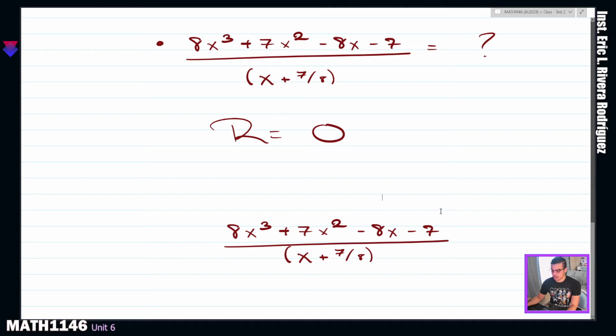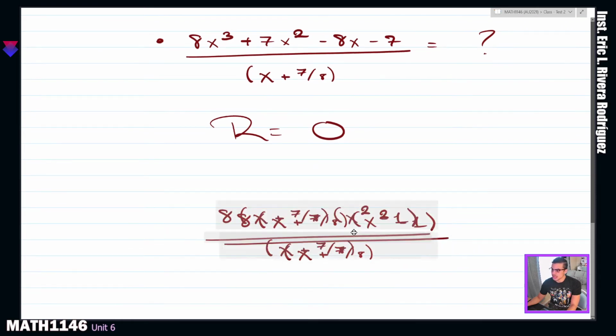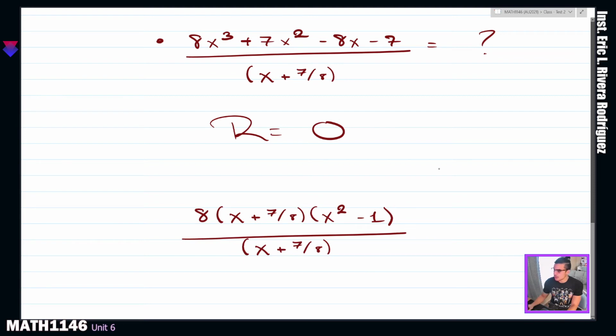Okay, there you are. So let's see how easy it is now to do the division of these two polynomials now that the numerator is in its factor form.